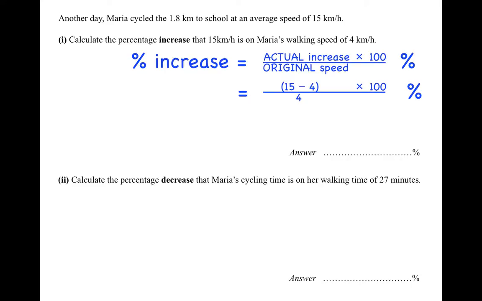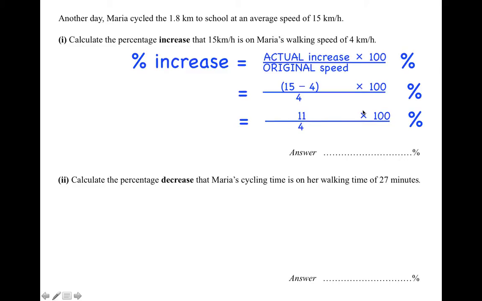So the increase in speed is 15 minus 4 times 100 on the top for percent, and then it's going to be divided by 4 because it's the walking speed of 4 kilometers per hour that you are comparing it to.